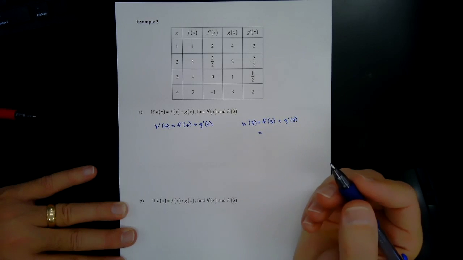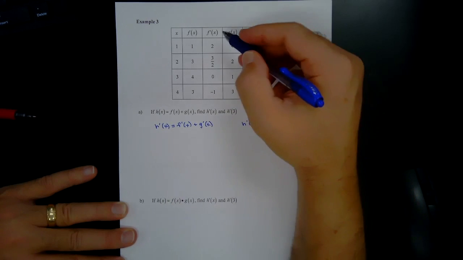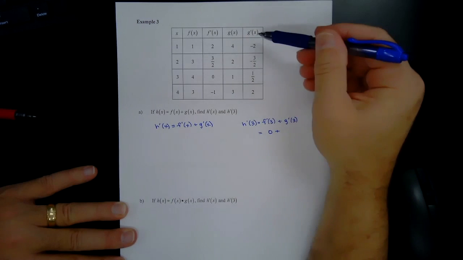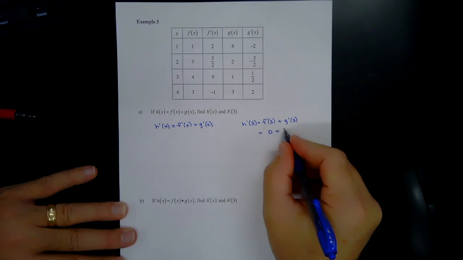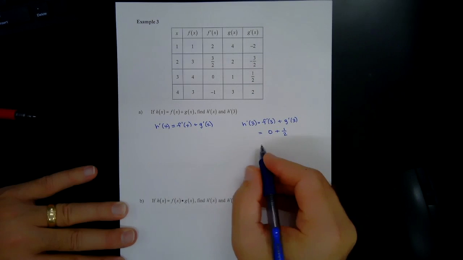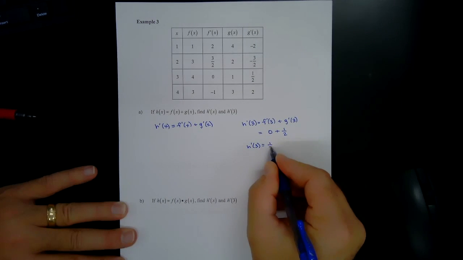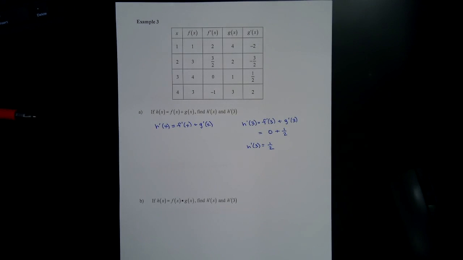And so we just have to use the table. f prime of 3 is 0, plus g prime of 3 is 1/2. And so 0 plus 1/2 is 1/2. So h prime of 3 is equal to 1/2. And we're done with that problem.